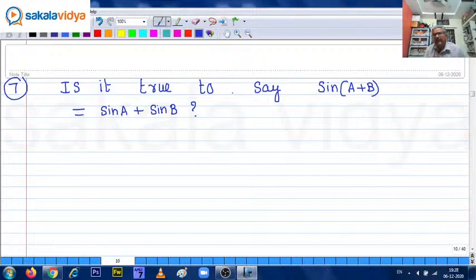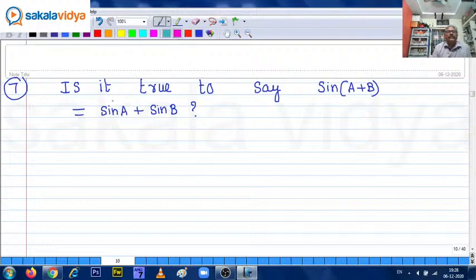That means you take a equal to 30 and b equal to 45. Substitute in the left hand side and the right hand side. If left hand side is equal to right hand side, then we say that sin of a plus b is equal to sin a plus sin b. Otherwise, the statement will be false. So this problem should be done using a counter example. This is one of the methods of proof.